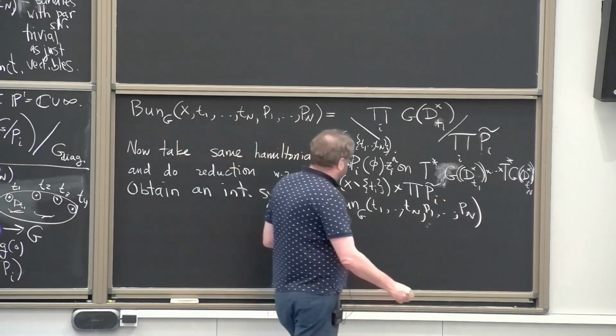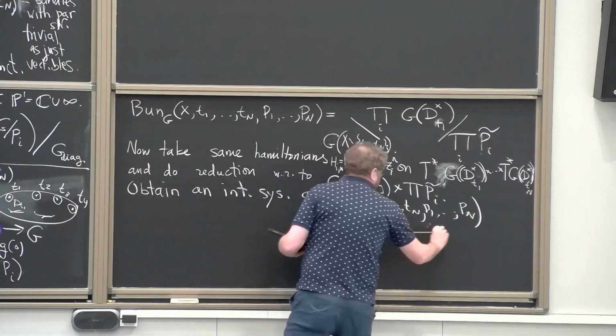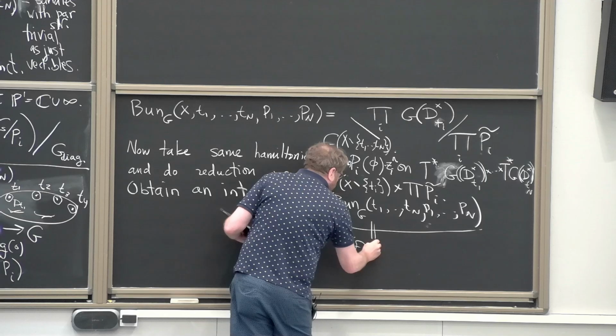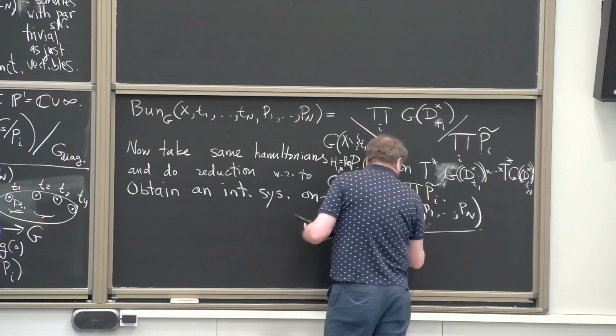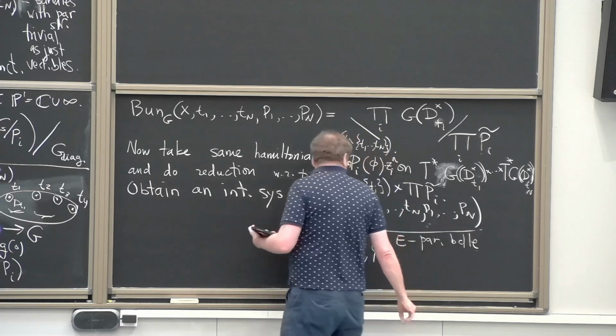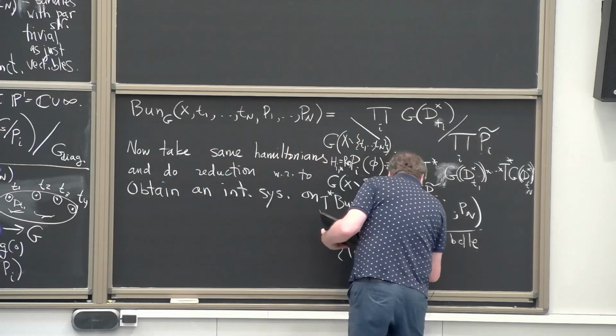So what will we get then? What is this thing here? Well, this is a set of pairs (E, phi), where E, we know what it is. E is a parabolic bundle, which is a bundle equipped with parabolic structures. But what is phi? Phi is a Higgs field.